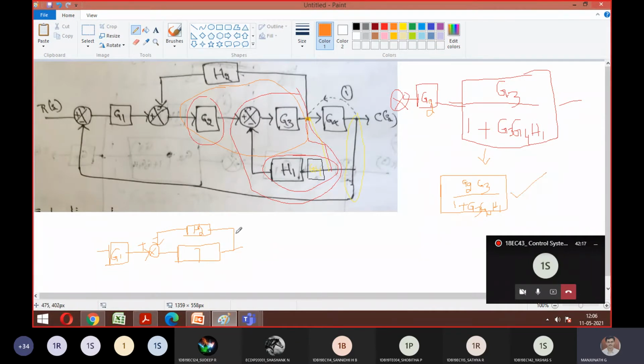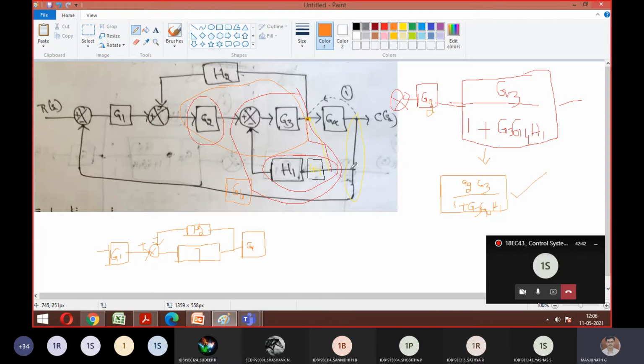Again, what is there outside? G4 is there. See, when you split this from here to here, do you think G4 will come only for this or for this also? Yes, the unity block also. Here you should be very careful.